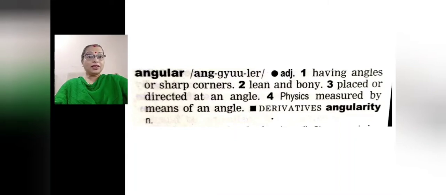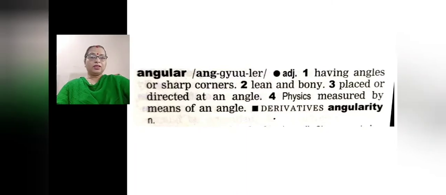You can understand how the word is to be pronounced. So it is written here angular. So anybody can say it is angular or angular, but see the actual pronunciation. It is given angular, Gyuuler. So it is angular. Okay. So it's very useful, right?